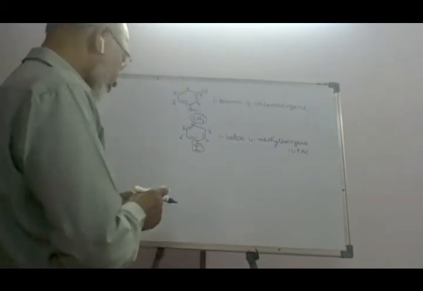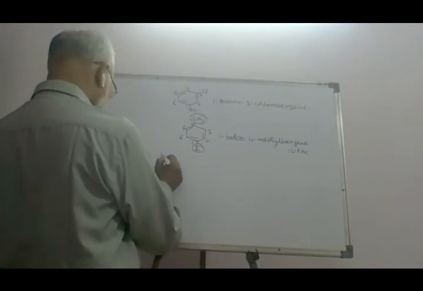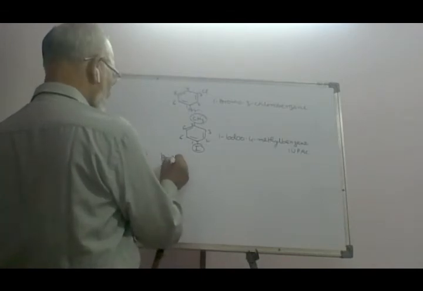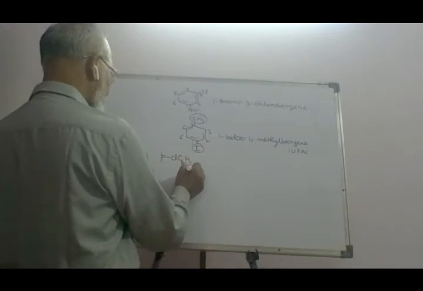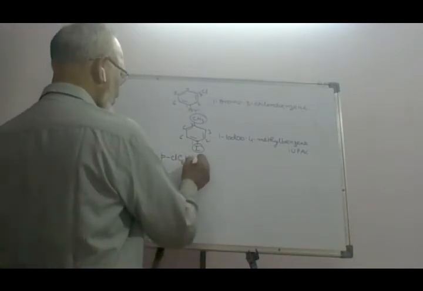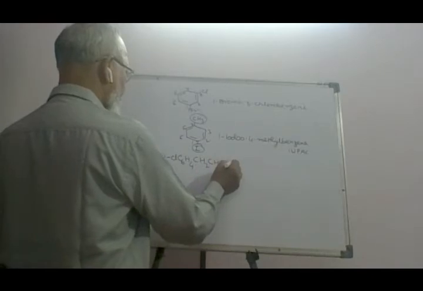Now take this example. Suppose it is PCl C6H4 CH2 CH3 whole twice.